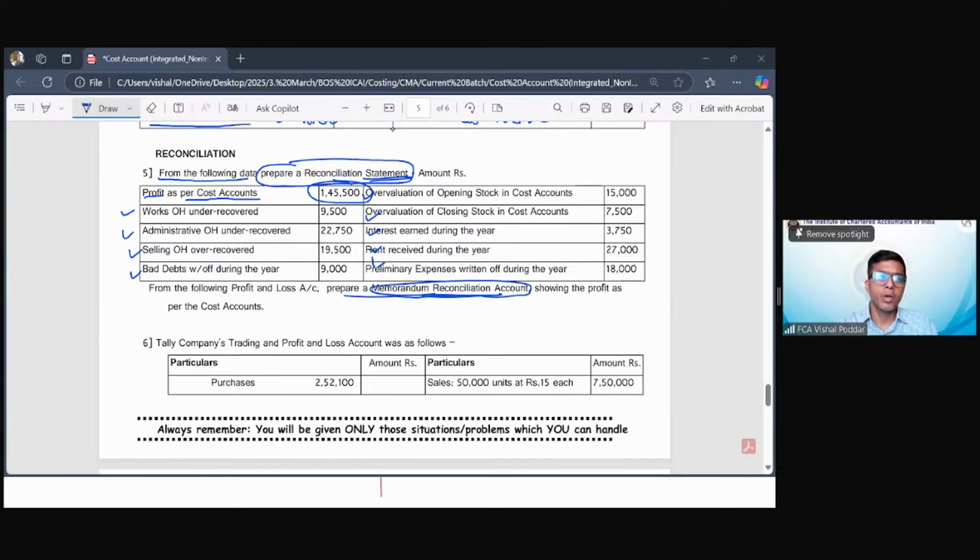And if you are able to apply this method here, I can assure you one thing. You will be able to do any reconciliation of any subject applying the same method. What is my method? I use this. This hand represents my profit as per my costing books. This hand represents my profit as per my financial books. So, these two hands represent the levels of profits.